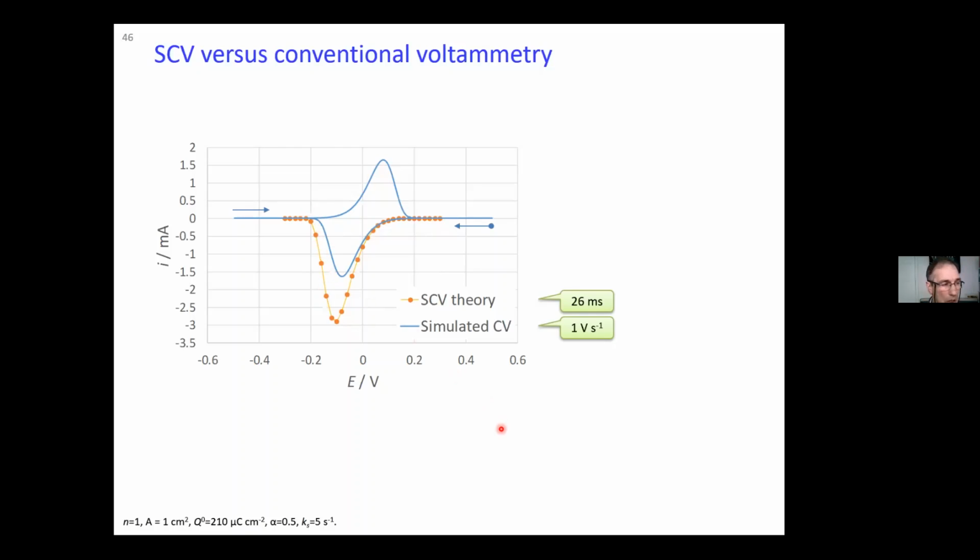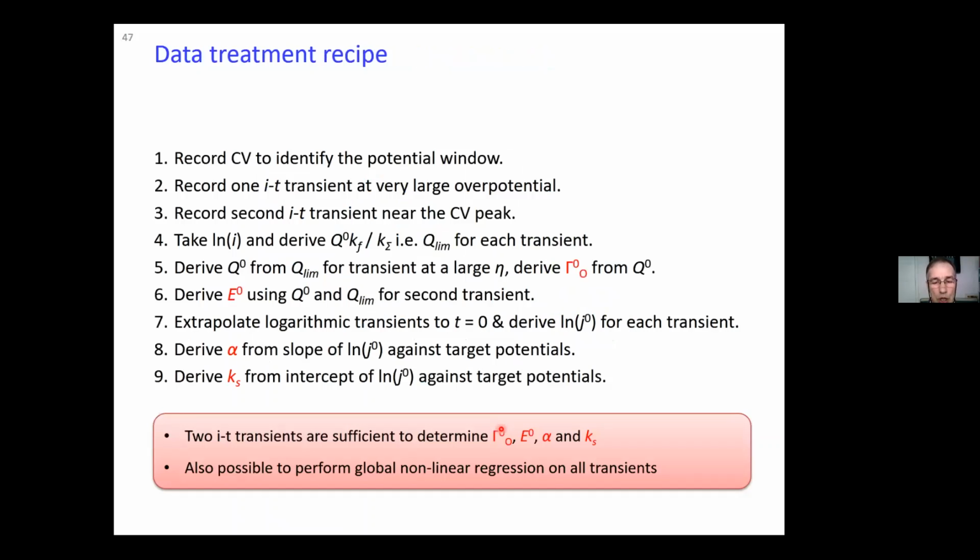And yes, we are able to extract the 4 parameters from the sample current voltammetry. In fact, when we analyze the data, you just need 2 transients to perform the experiments, and that's enough to derive the information for these four parameters.